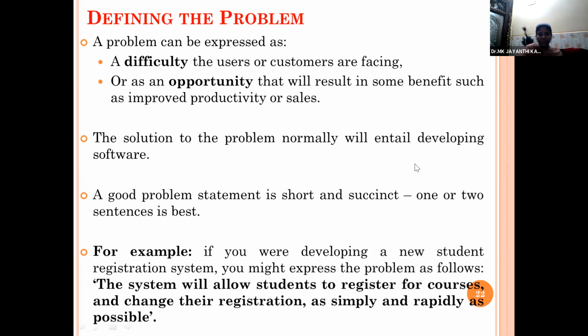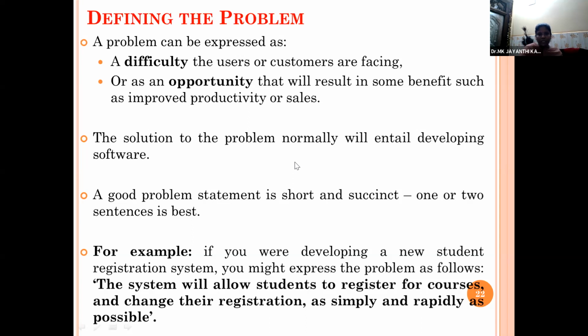The difficulty should be overcome by the project, or it is an opportunity that will result in some benefits such as improvement in productivity or sales. So first we should identify the problem in the given software project. The solution to the problem normally will entail developing software. So for the given problem, the solution will be a project that will solve the problem.